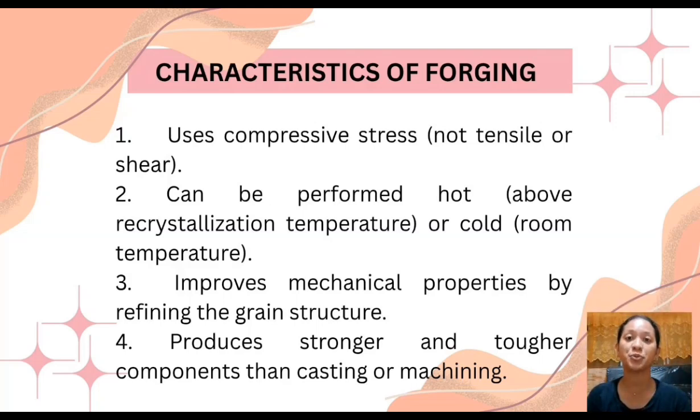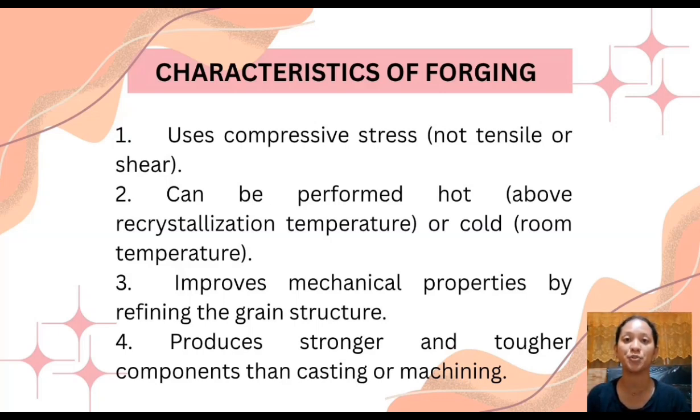Lastly, it produces stronger and tougher components than casting or machining. In casting, metal solidifies in molds but may have defects like porosity, weak grain boundaries, or inclusions, while machining only shapes the material by removing excess.